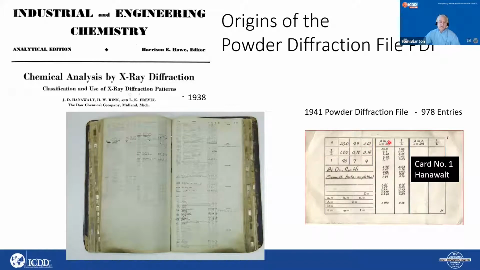The reason the original entries were in d-spacing is because different people might be using different radiation wavelengths, and so the d-spacing was the constant based on the unit cell or the structure of the material.